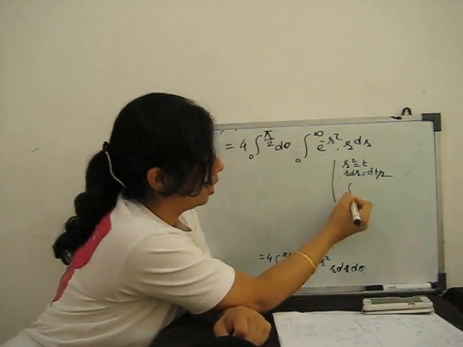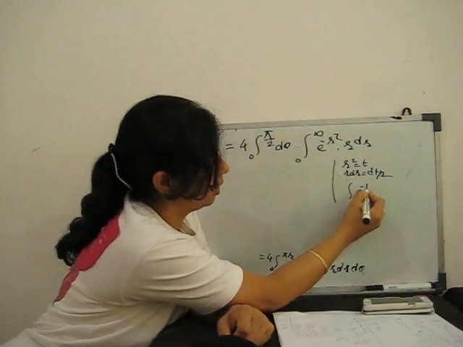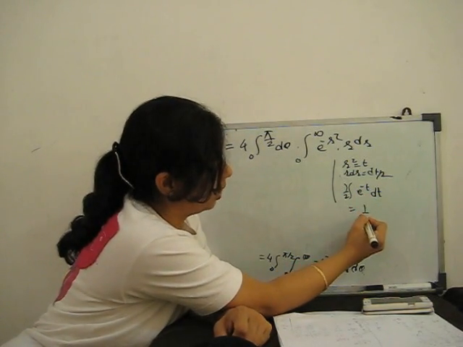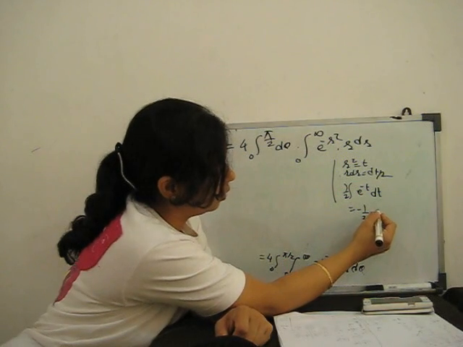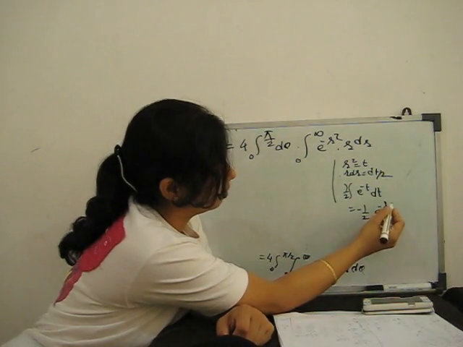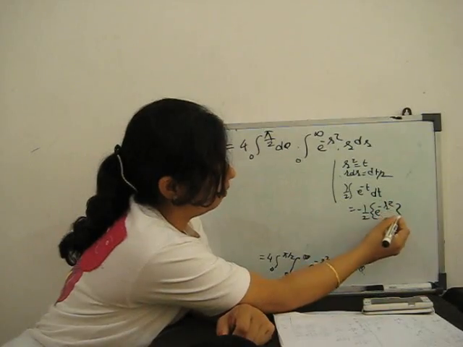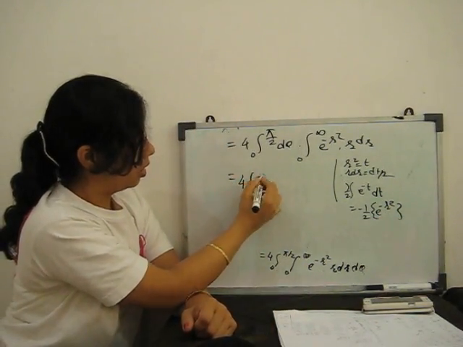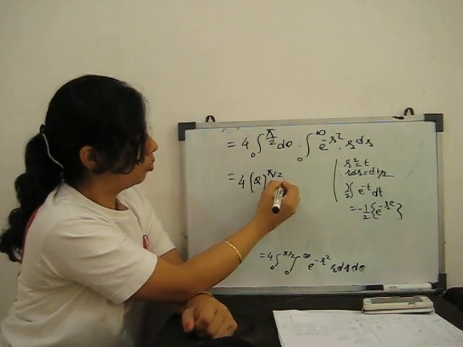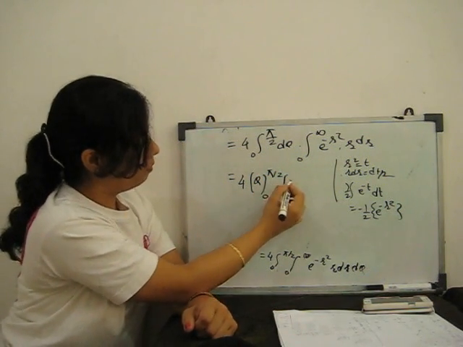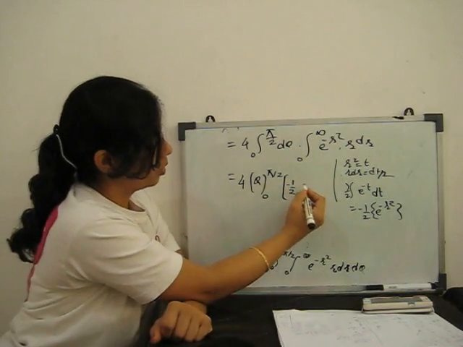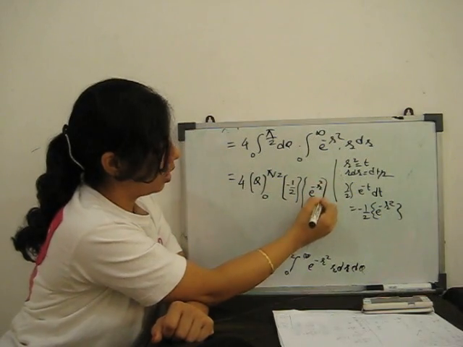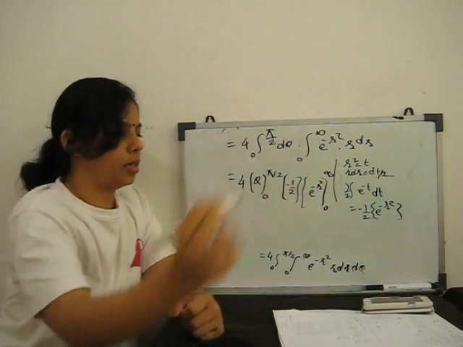Similarly, if we put here, e to the power minus t, dt by 2. So it gives 1 by 2 times minus e to the power minus t, means minus e to the power minus r square. So substitute here: 4 theta from 0 to pi by 2, minus 1 by 2 e to the power minus r square from 0 to infinity.